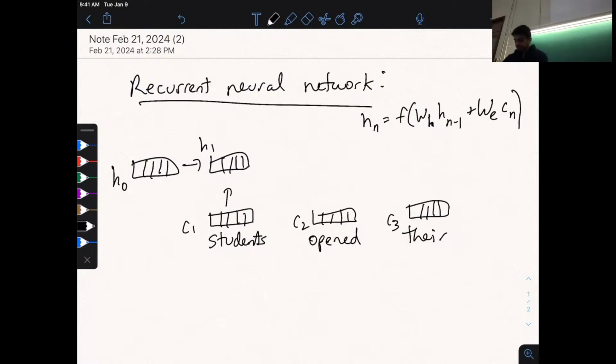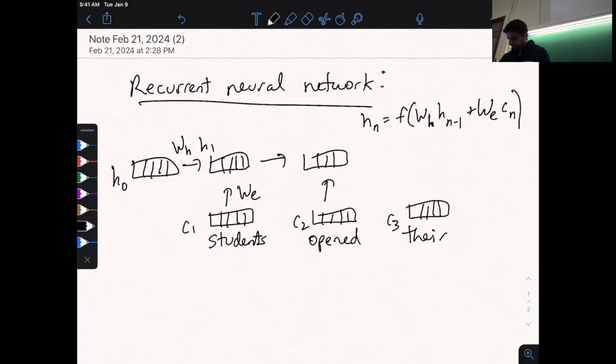So this transition here, we're using the parameter matrix W_h, and then over here we're using the weight parameter W sub E, which is corresponding to these word embeddings, right? So we are basically taking two matrix vector products, adding them together, applying a nonlinearity, and that's how we get our hidden state H sub 1.